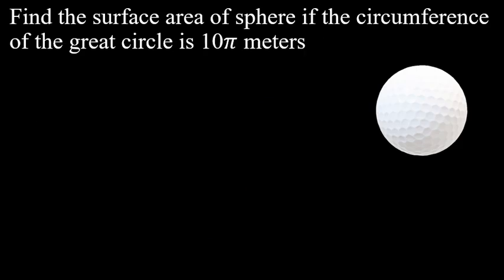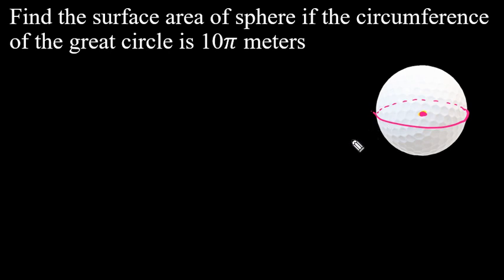Now the next question is: find the surface area of a sphere if the circumference of a great circle is 10 pi meter. The great circle will be made at the center here, right? If you are intersecting at the center, then the great circle will be made.